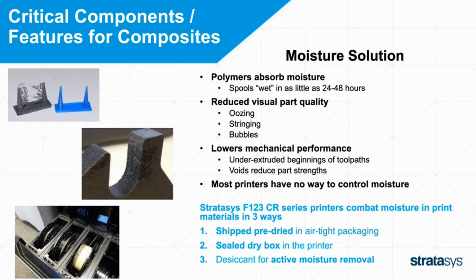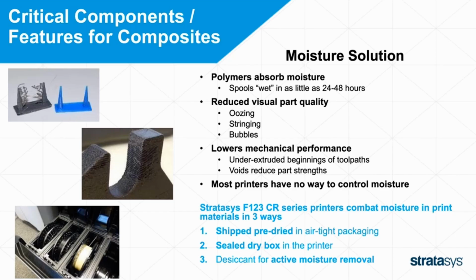One common thing missed with carbon fiber materials is their moisture sensitivity. Most carbon fiber materials are nylon-based, and nylon absorbs moisture. Spools can become wet or saturated with moisture in as little as 24 to 48 hours. And what happens when a material becomes wet? You get reduced visual part quality.